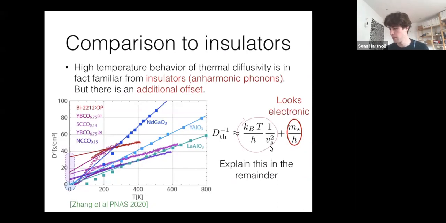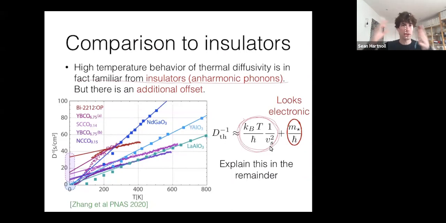So the point is completely right. I'm agreeing with your point, but let me just say it again. This linear behavior, this high temperature behavior, with in fact this order 1 number here, is very well known, and it happens in a lot of insulators, and it's just due to phonon anharmonicity, right?